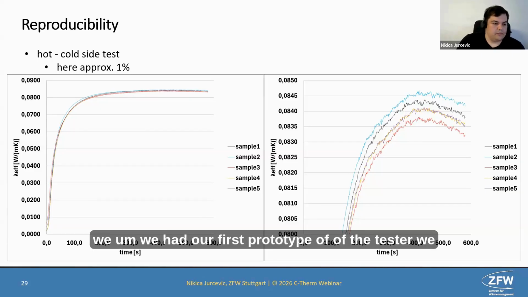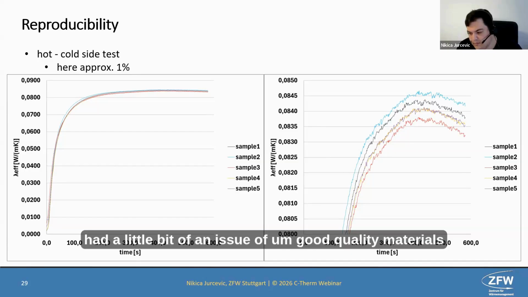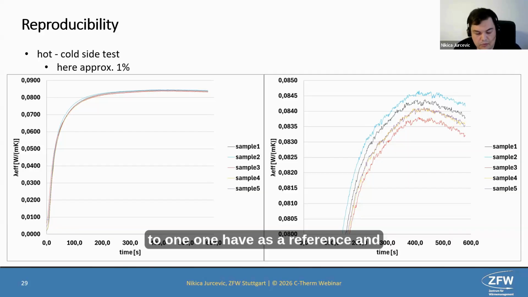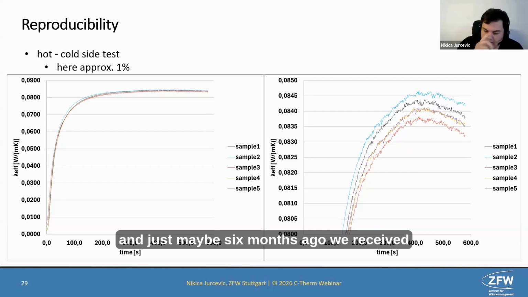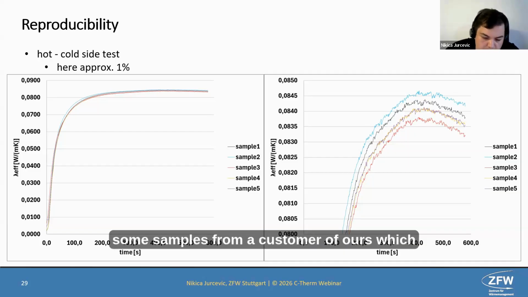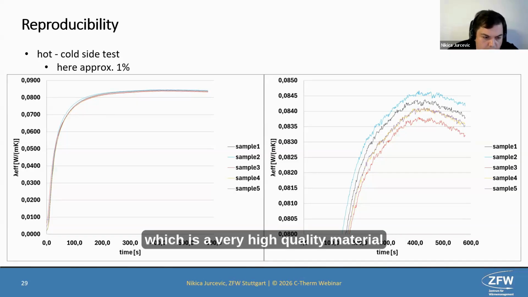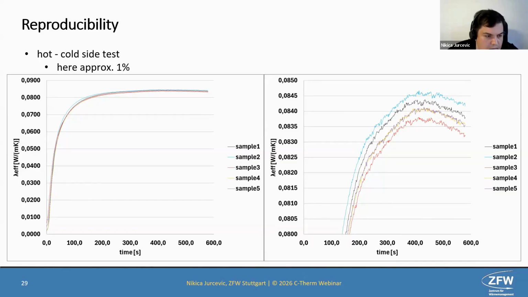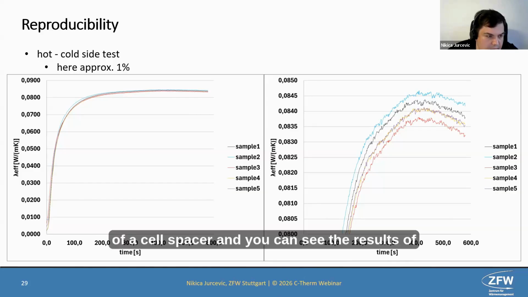So once we had our first prototype of the tester, we had a little bit of an issue of good quality materials, to one have as a reference and the other to test the reproducibility. And just maybe 6 months ago, we received some samples from a customer of ours, which is a very high quality material of a cell spacer.